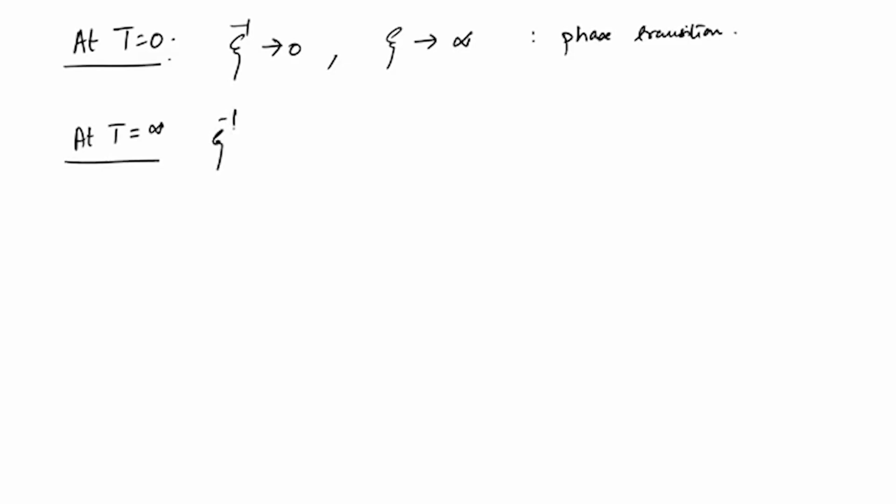So, your xi inverse goes to infinity, which means that xi goes to 0, and we have a paramagnetic phase. So, you can study the phase transition by looking at the behavior of xi. This is often done in many phase transitions.